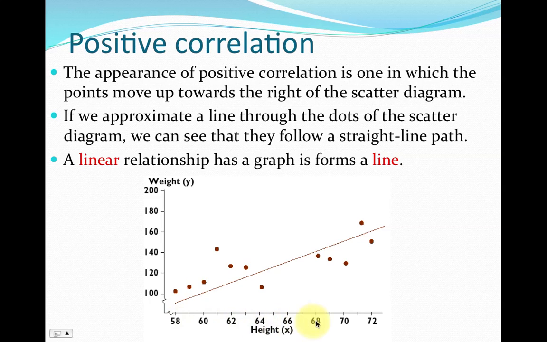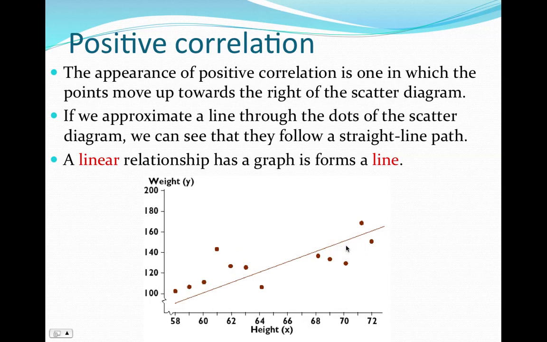Then we have high measurements of height up here in the 70s associated with high measures of weight, around maybe 150 to 160. And so we have low measurements for x corresponding to low measurements of y, and high measurements of x corresponding to high measurements of y. And that is why we have a positive correlation.